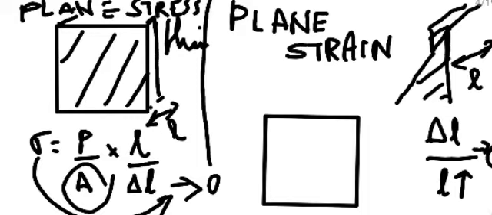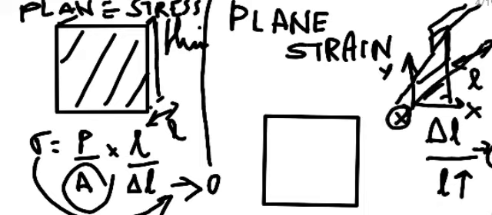So we just have to consider the cross section and do all those strains in the X direction. If this is the X direction and Y direction, this Z direction can be neglected. Strain or analysis in that direction can be neglected since strain approaches 0. It is that long that it can resist the stress in that direction.